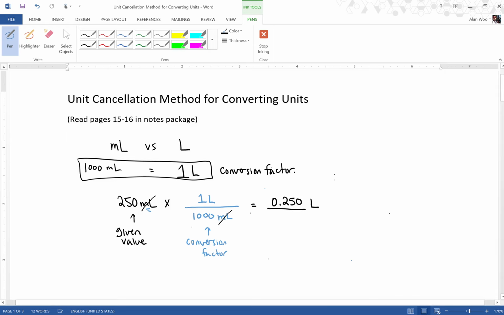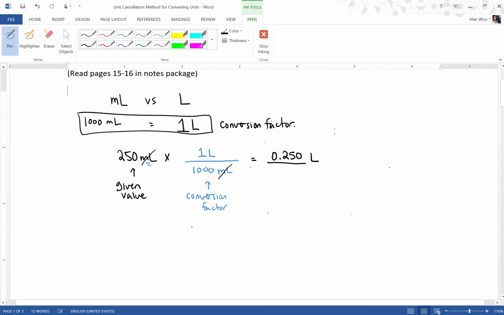You can also do the same thing by going from liters to milliliters. So if I had something like 9.50 liters, and I want to convert to milliliters, I can still use the same conversion factor, but this time I have to flip it around.